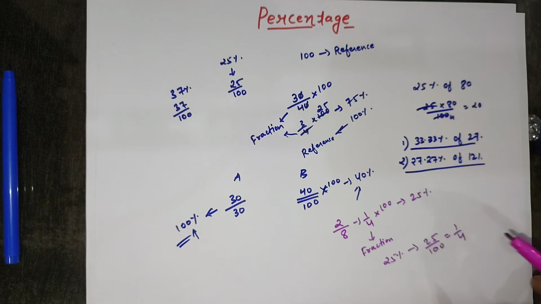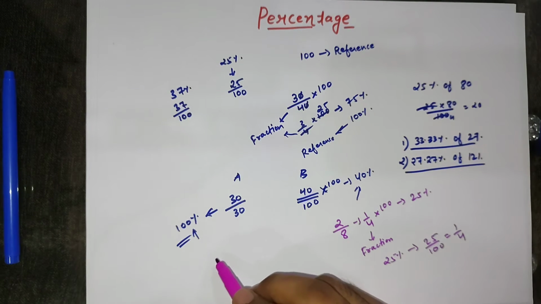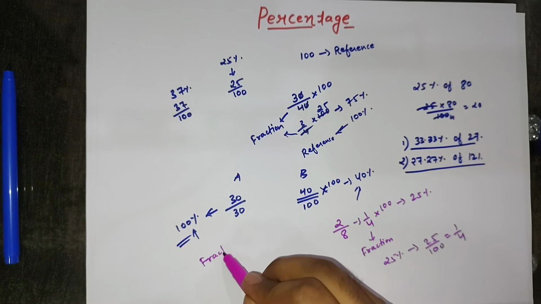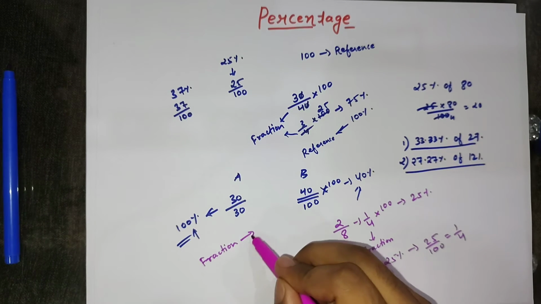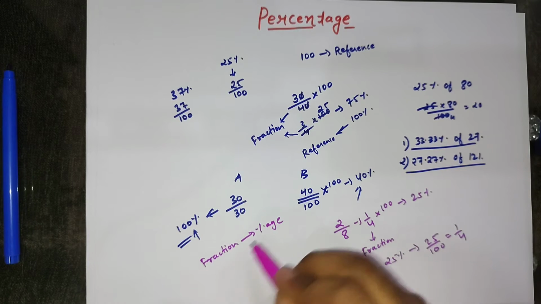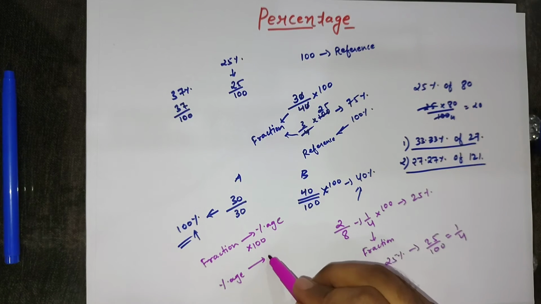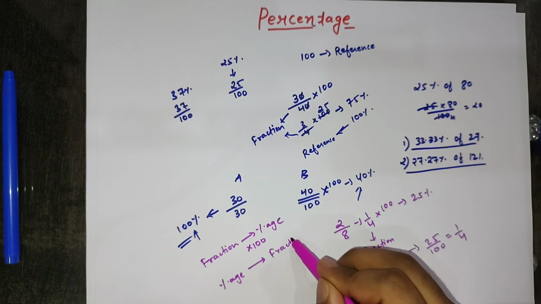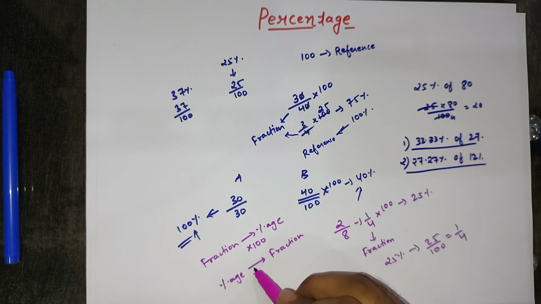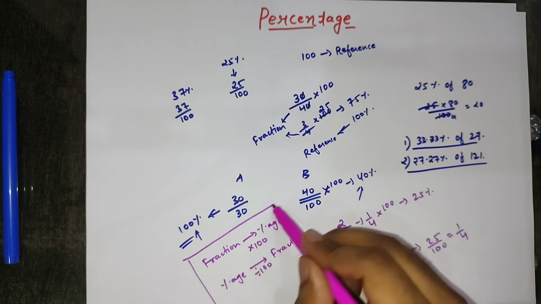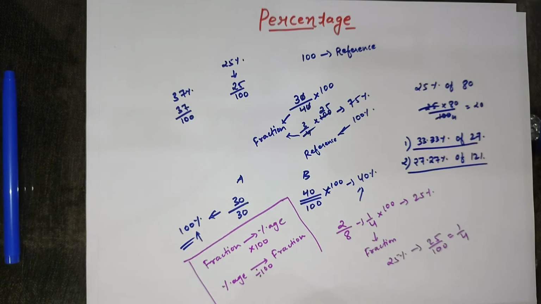So in short, I'll say that if you have to convert a fraction into a percentage, you'll have to multiply it with 100, and if you have to convert a percentage into a fraction, you'll have to divide it by 100, right? So this thing you will have to remember. This is a very small thing, you can get habitual of this.